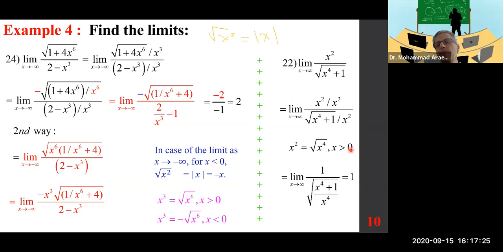When it goes in there, we're dividing. Remember, x squared divided by x squared is 1. x squared, we take it in. This gives you x to the power of 4 over x to the power of 4, which is 1. This is 1 over x to the power of 4, which is 0. So you get 1 over 1. So I want to write this for you in case.